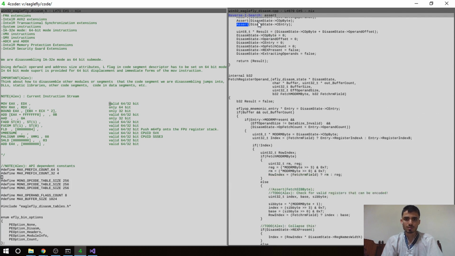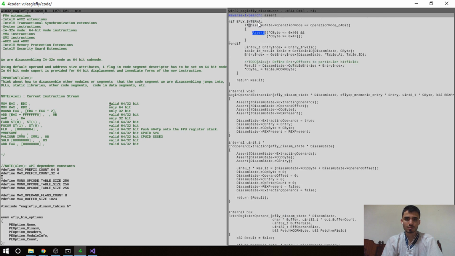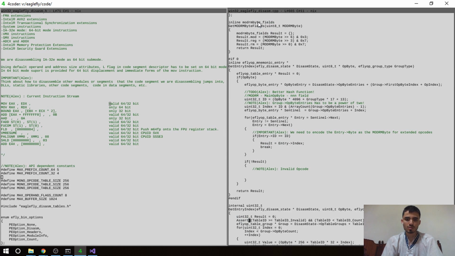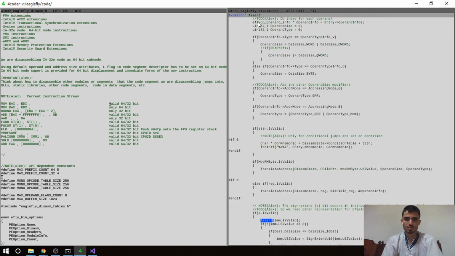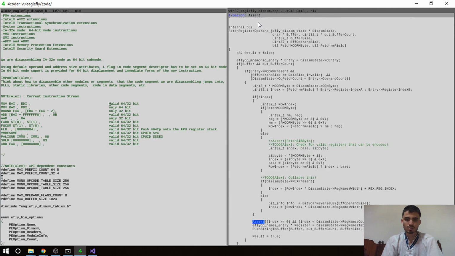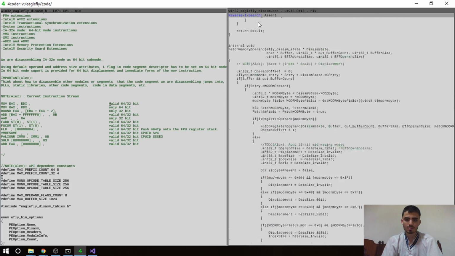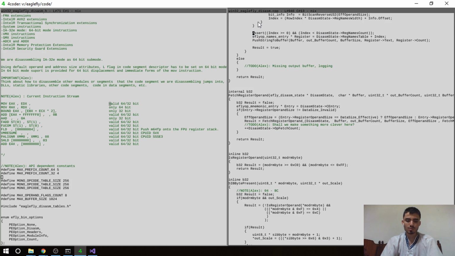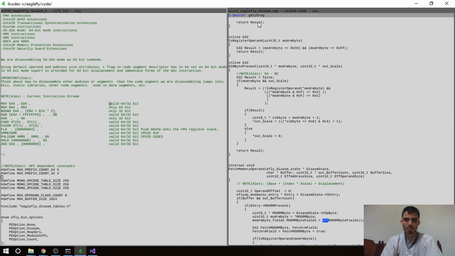Assert. Where do we have it? Fetch register or get mnemonic.